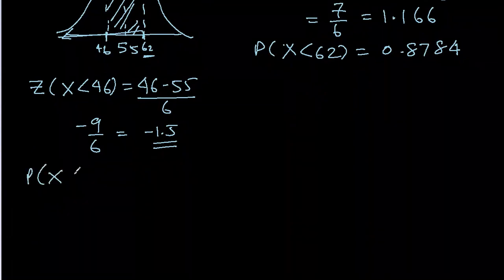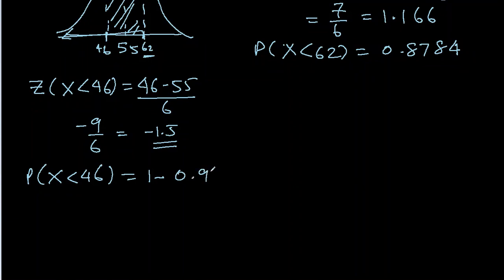So probability of x less than 46 will be 1 minus 0.9332. Whenever we have a negative Z score, we subtract the probability of the positive counterpart from 1, which will be 0.0668, right?